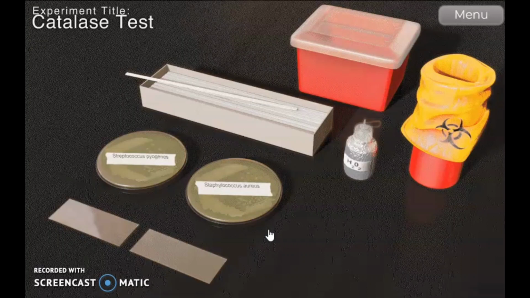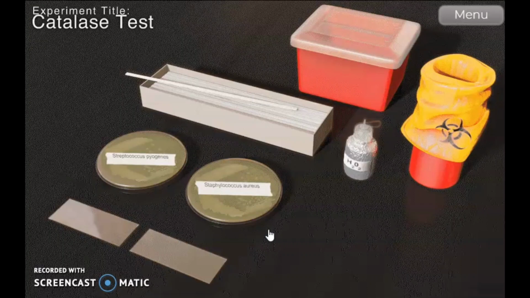The enzyme catalase is produced by bacteria that respire using oxygen and protects them from the toxic byproducts of oxygen metabolism. Catalase positive bacteria include strict aerobes as well as facultative anaerobes, although they all have the ability to respire using oxygen as a terminal electron acceptor.